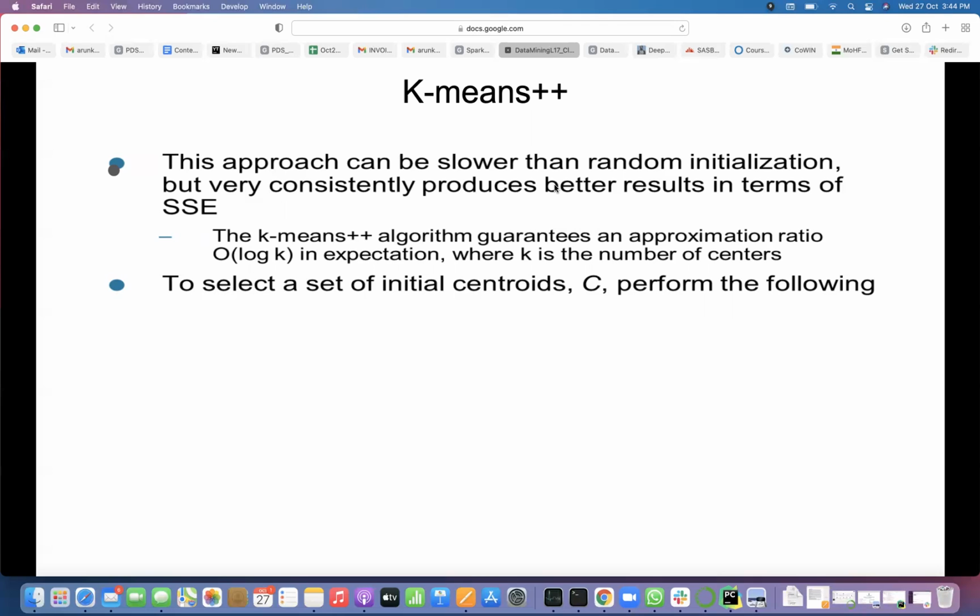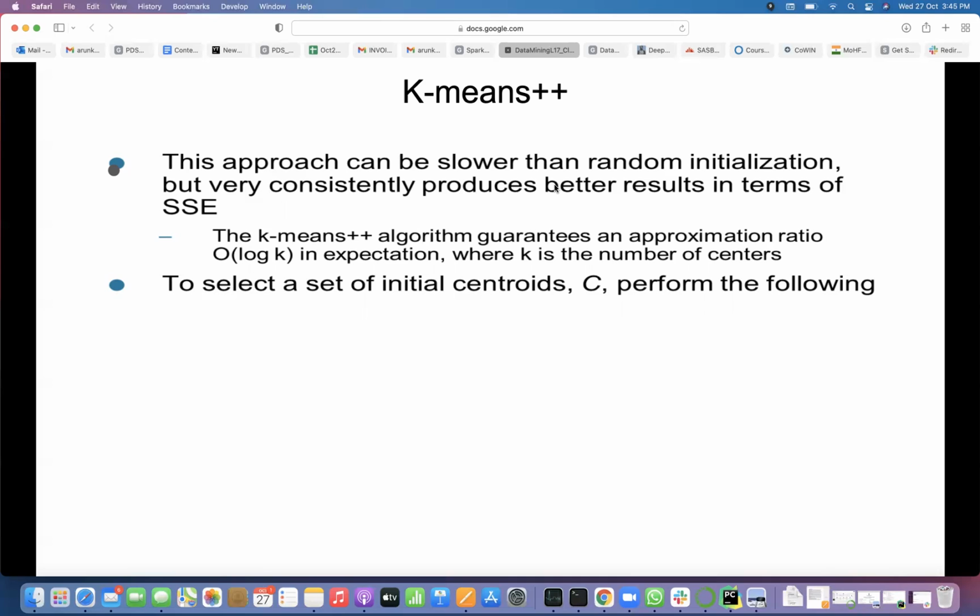Earlier with randomization, only k random values you took, right? So that is very, very less complex. Here it becomes more and more complex, but you get better results, though it is complex. The k-means plus plus algorithm guarantees an approximation ratio of order log k in expectation, where k is the number of centers.